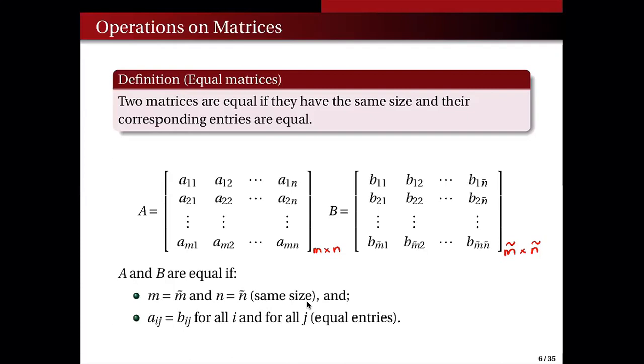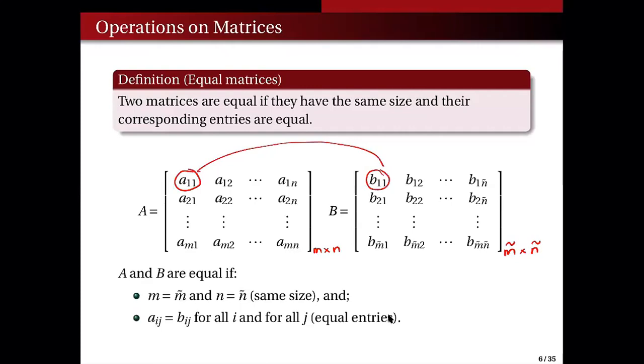And furthermore, the corresponding entries must be equal. Meaning, your aij must be equal to bij for all i and for all j. Equal entries. So that means this entry here and this entry here are equal.